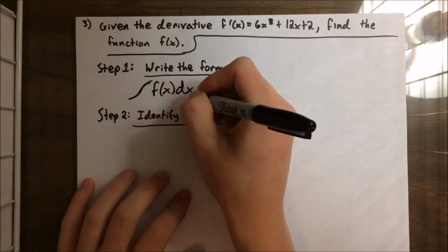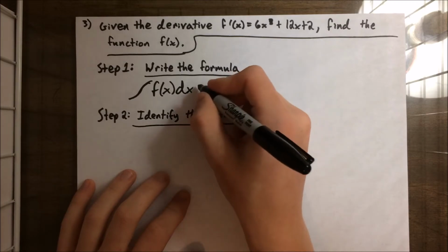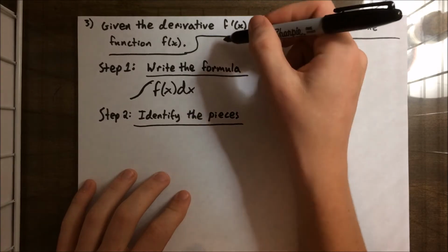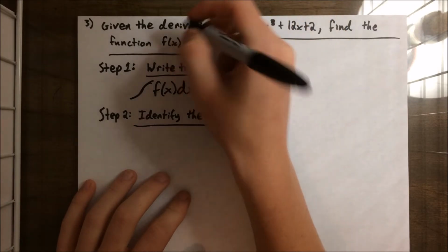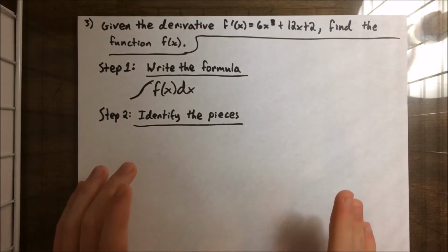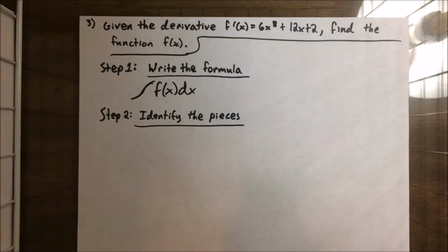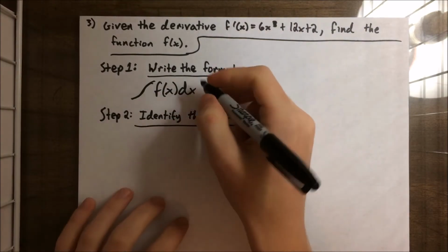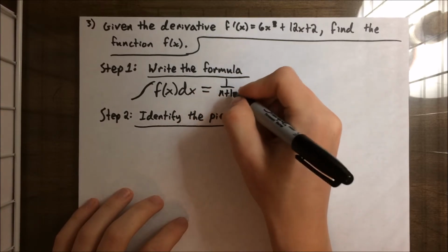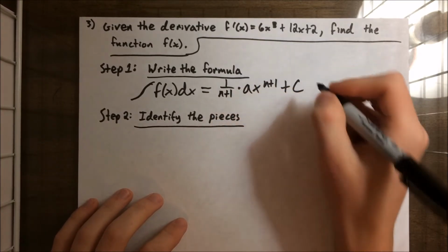In this case, our f of x is actually f prime of x. But this is just saying the base function. This is our base function in this case. You can really treat this as f of x, and this is capital F of x. It's the same thing. It's just they want to confuse you and make sure you know everything you're doing. Okay, so then that's equal to 1 over n plus 1 times ax to the n plus 1, plus c.